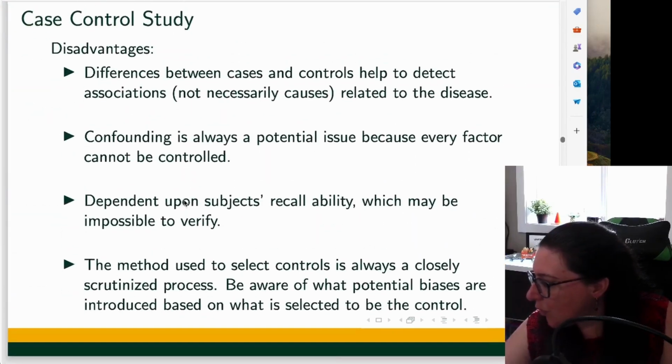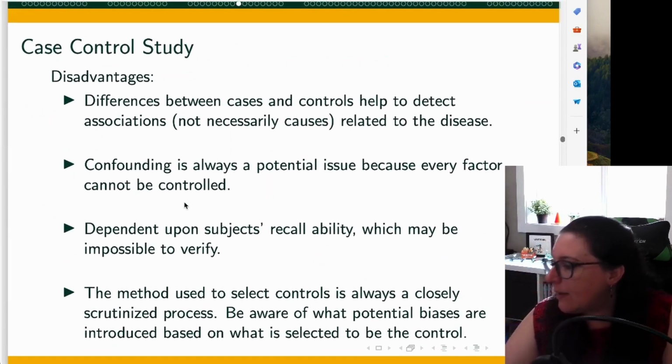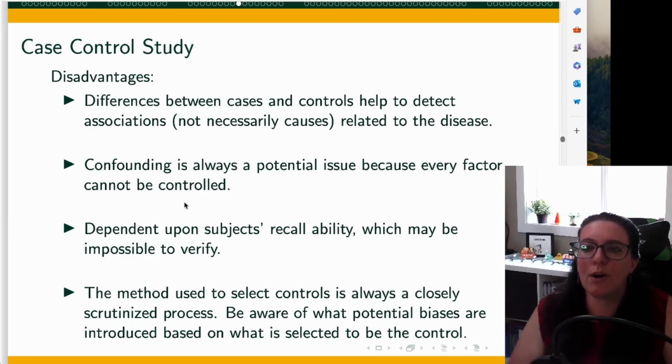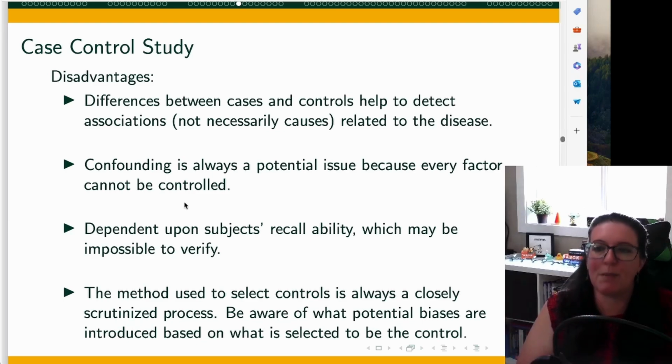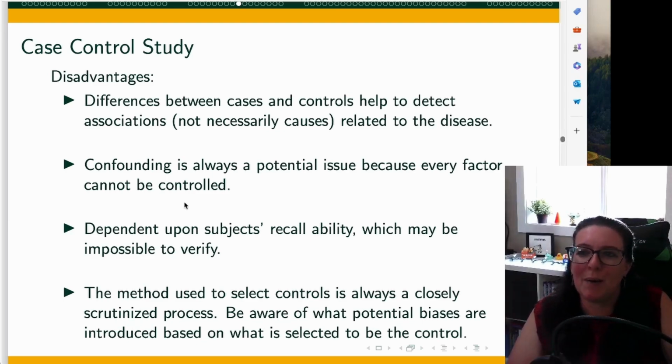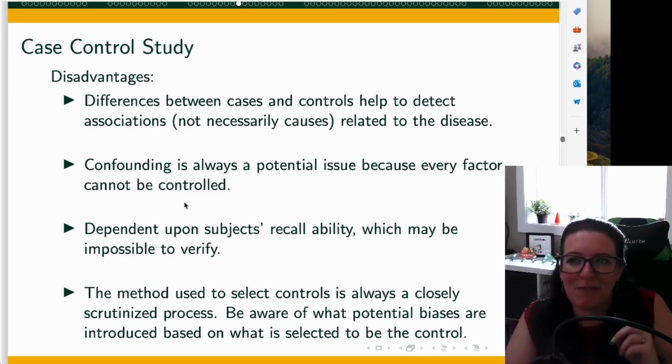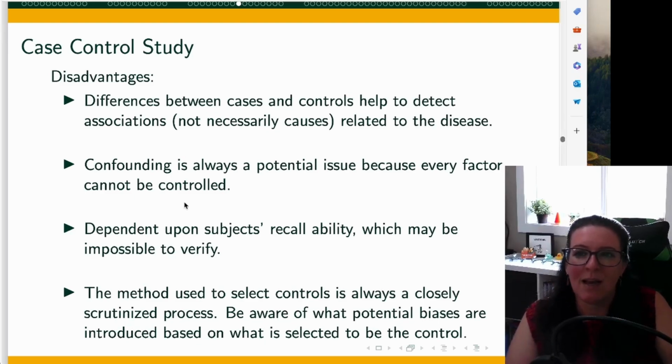Downsides to case control studies: the differences between your case group, your treatment group, and your control. We have that issue of the confounding variables, right? Confounding variables can be the issue, and so you may not be able to find the association between your explanatory and your response, and whether or not it's some other variable that you haven't controlled for that's causing it.